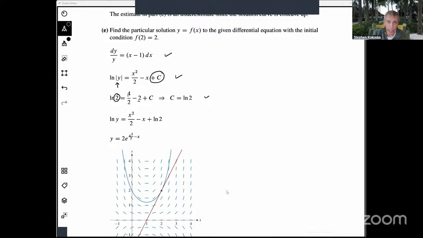It is just that argument. So bluntly, I can drop the absolute value symbols here. So here's my expression. I'm going to solve that for y. I'm going to exponentiate both sides, e to both sides, do a little bit of simplification, and I think there's my expression for y: 2e to the x squared over 2 minus x.